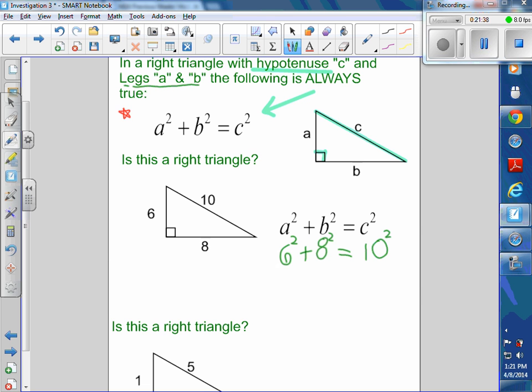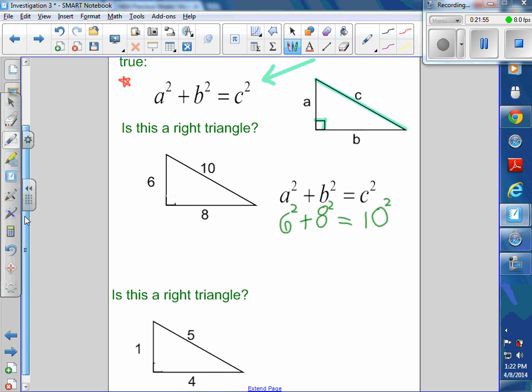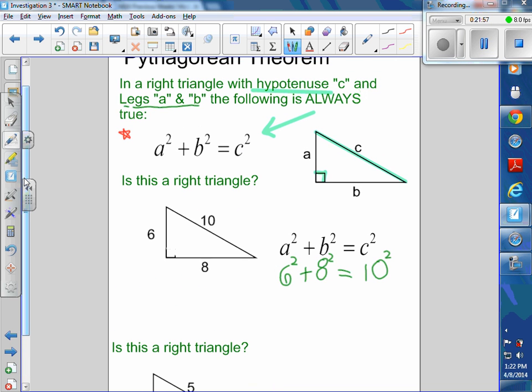It wouldn't have it; that was just a mistake when I was drawing that. I cut and pasted the picture from a different page and forgot to take it out. Thanks, Kayla, that was smart. You wouldn't see the right angle because you're trying to decide if it is or not.